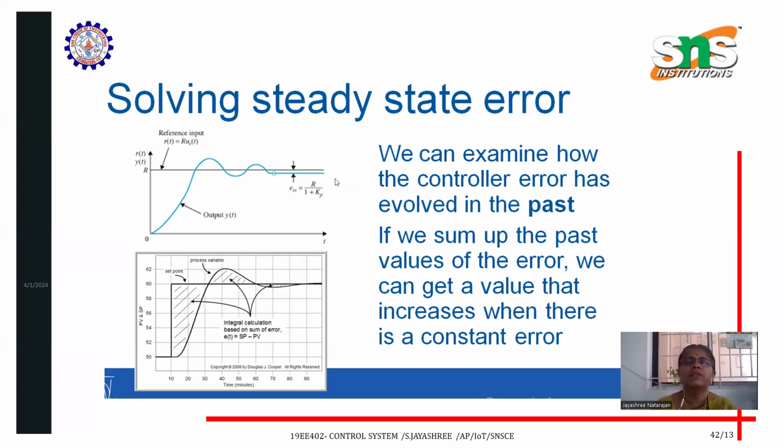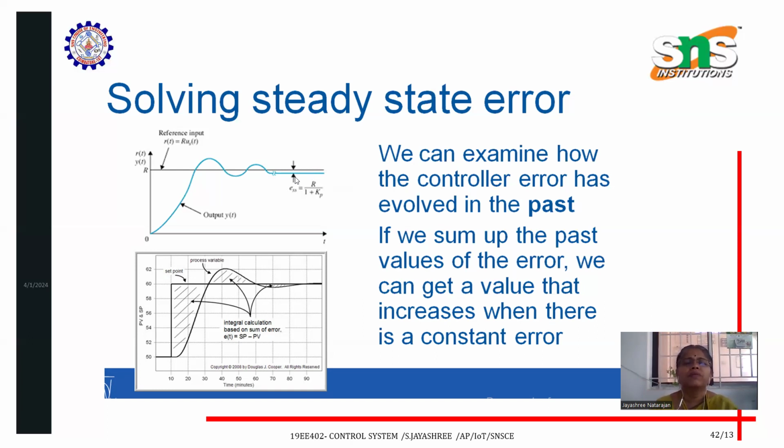So that equals R divided by 1 plus KB, where R is my reference input. For a particular time the output oscillates, and after a particular time it comes to steady state. That error, ESS, is not nearing the input value. The actual output differs from the input value. That is what we call the steady state error.